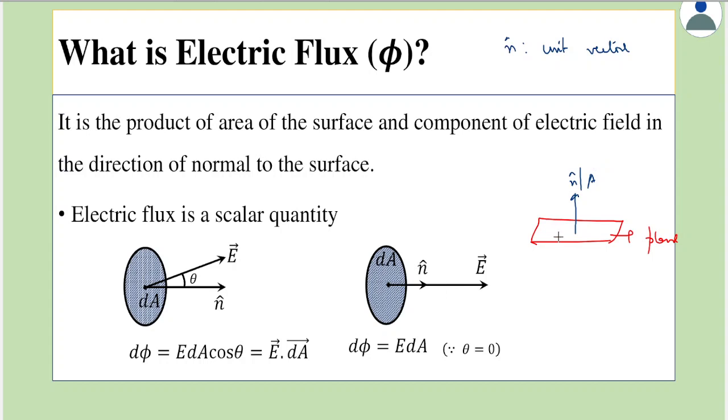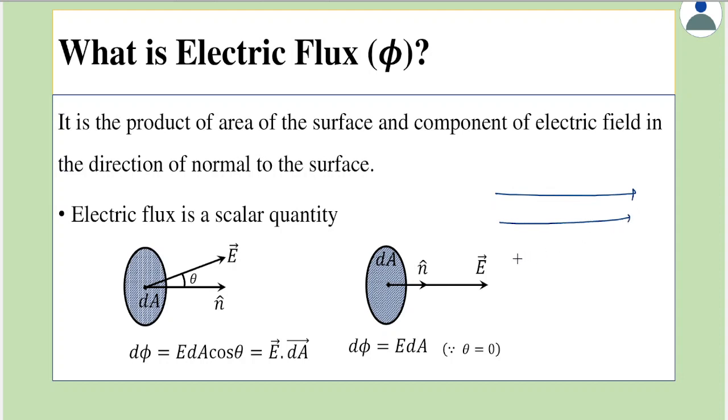What we'll do in this case is, we'll assume that we have a uniform electric field like this. The field is uniform. Let this be called capital E. Suppose in this field, you place a sheet of paper, something of this kind, such that the paper is normal to the field.